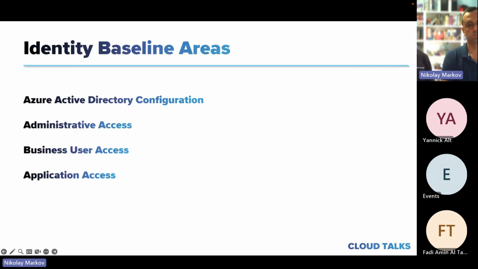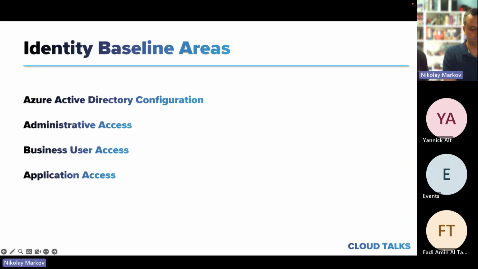So the four main areas in the formal Microsoft Cloud Adoption Framework are Azure Active Directory configuration, administrative access of your users, the access of your business users to your identity, and the application access.